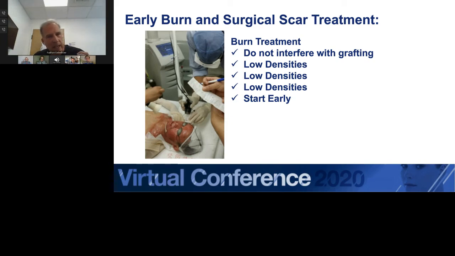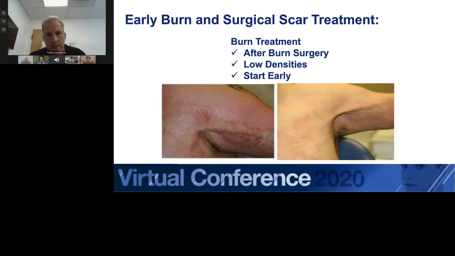But it was already starting to get very tight, already getting the hypertrophic tenseness to the scar. And we were able to start early and treat with these very high energy, low density settings.